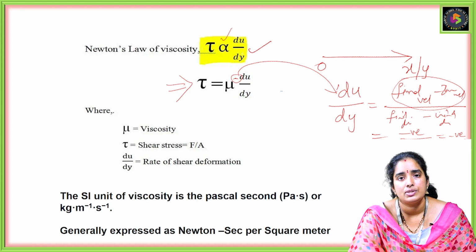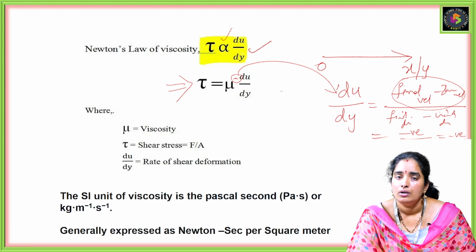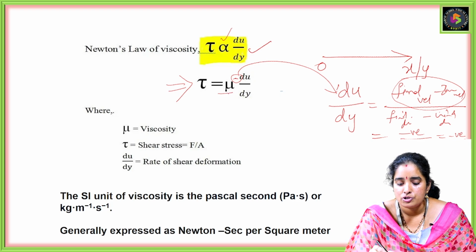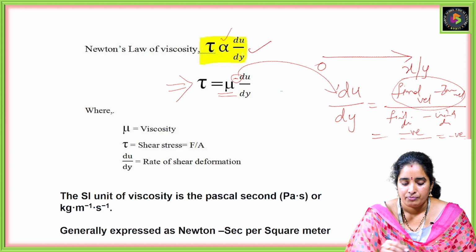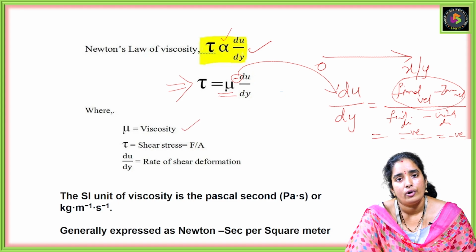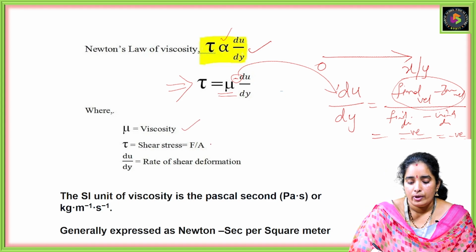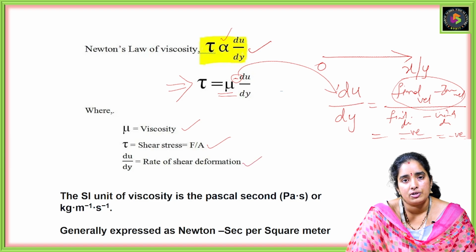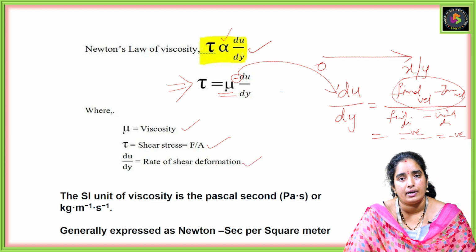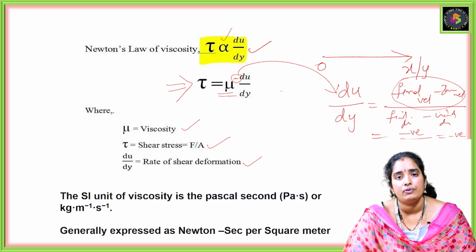That's why we are introducing a negative term in the equation of Newton's law of viscosity, where the proportionality constant mu is called the coefficient of viscosity, where shear stress is F by A and du by dy is the shear deformation, or velocity gradient. This is how we can define Newton's law of viscosity.